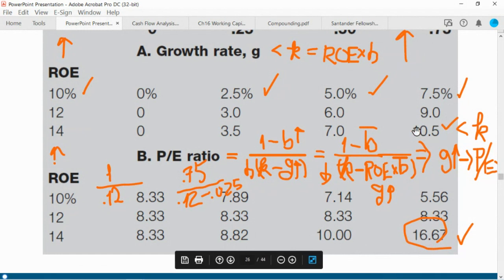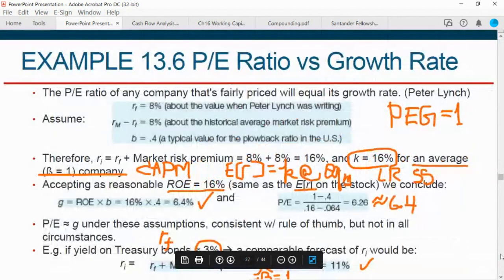What they are saying from the result of this experiment is that high growth rate will result in a high price earnings ratio. Okay, that's what it is saying.